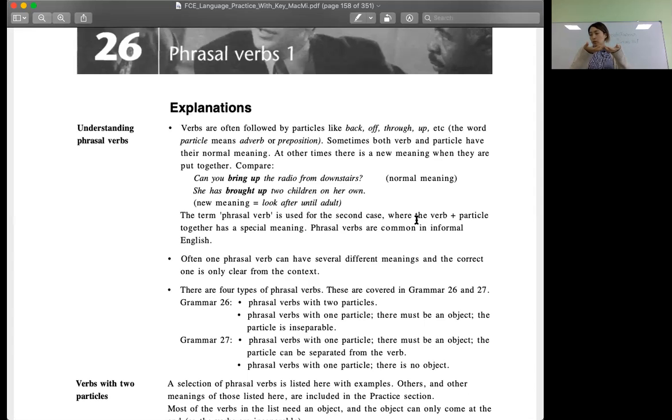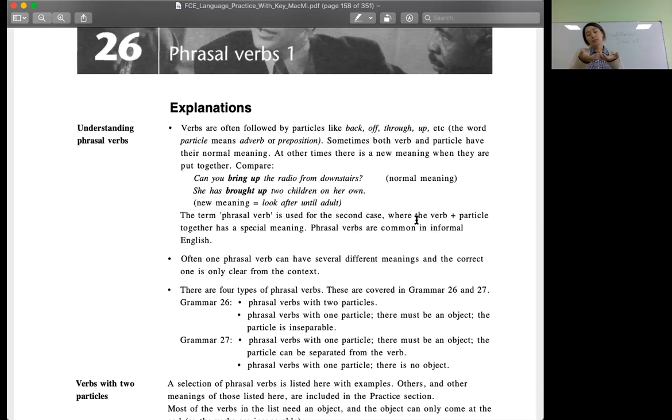Or what else? Take care. Come across. No, come across is actually a phrasal verb. Bring, and there's bring up. So we have just a verb plus preposition.